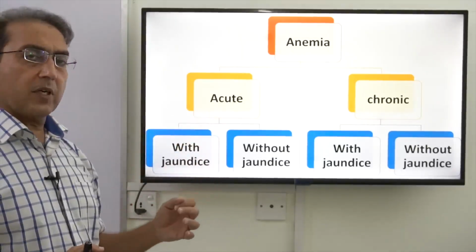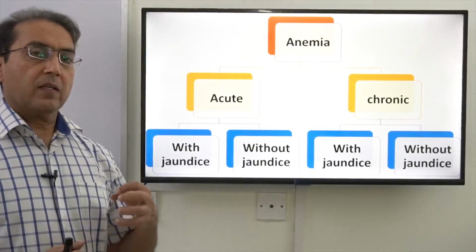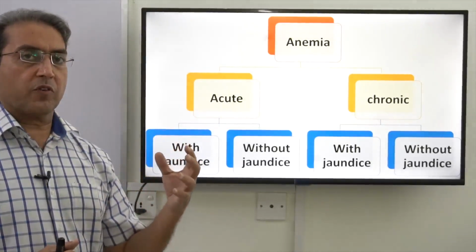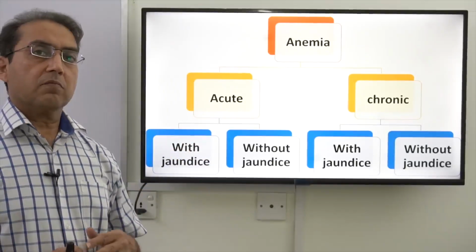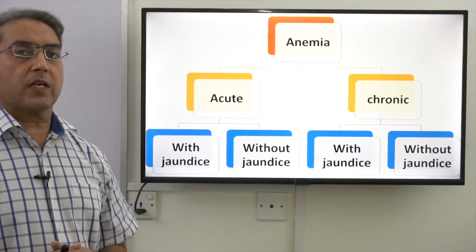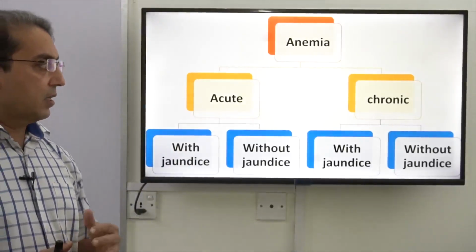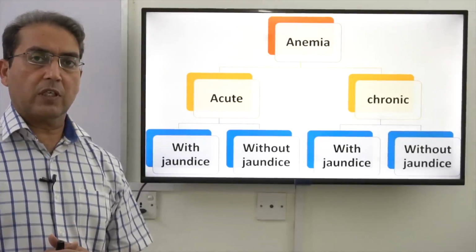While in chronic anemia, the compensatory mechanisms have come into place. For example, the cardiac output has started increasing. The heart muscle starts getting hypertrophied, and it's easier for the heart to pump the blood. The capillary bed starts increasing so that more circulation goes to the organs, and then there is a change in the 2,3 DPG concentration of the RBCs.